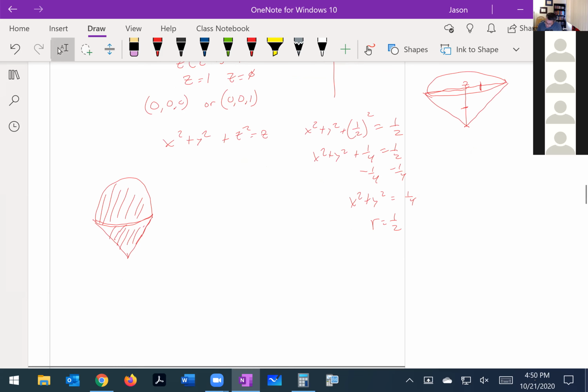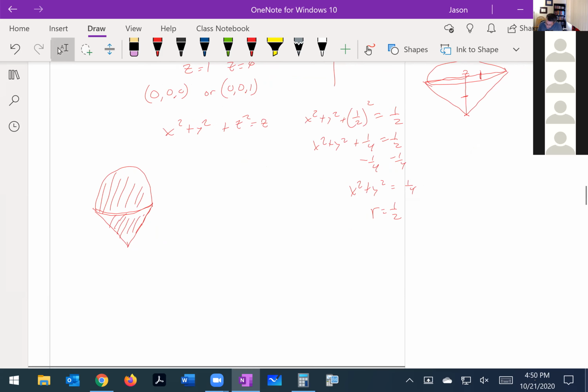If it's the volume above the cone, why does it include the cone, if that makes sense? Wouldn't it just be the scoop part, like the top part? Because the cone does not include its volume.